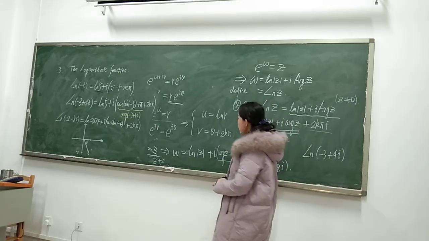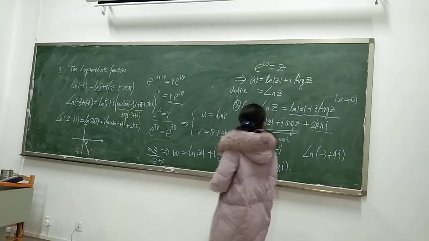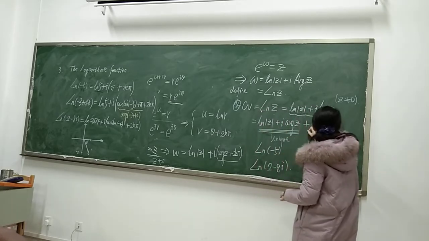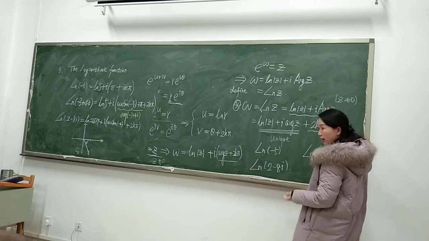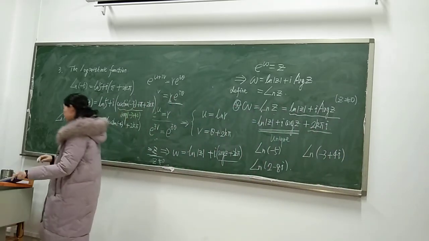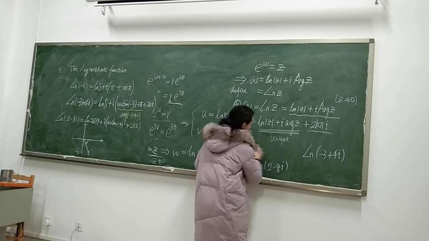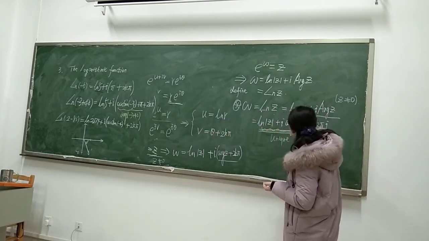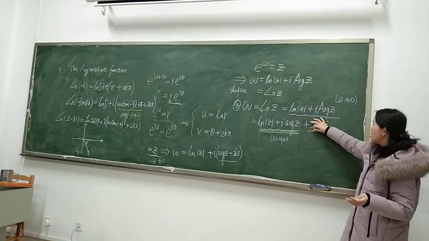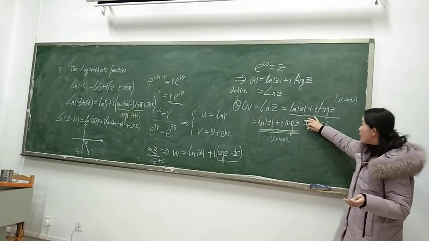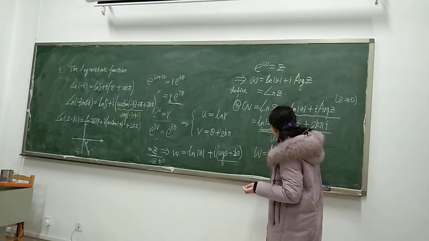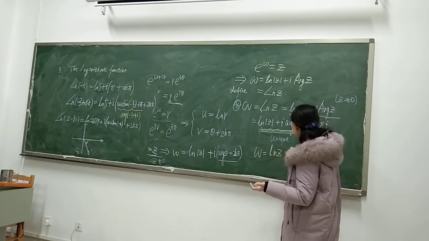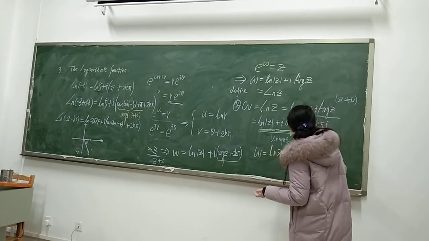So in this part, if here is big L, it equals this one plus 2k pi i. But if you only write this part and do not include this one, we say omega equals small ln z. If here is small, only equal this part.